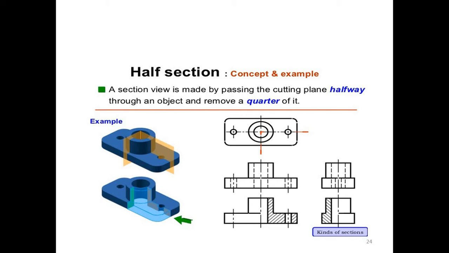But in the case of half section, there are two cutting planes, which are at right angles to each other. It is for clear imagination of the inside and outside surface that a half section is taken, and the sketch is drawn here.